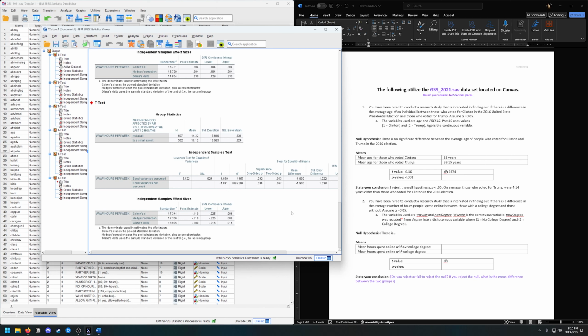Okay. So I did this one wrong, but I wanted to get a table where you could see a non-significant one. So you can see here, this was if they felt that their neighborhood was affected by air pollution in the last year, and then how many hours they spent online per week, on average.